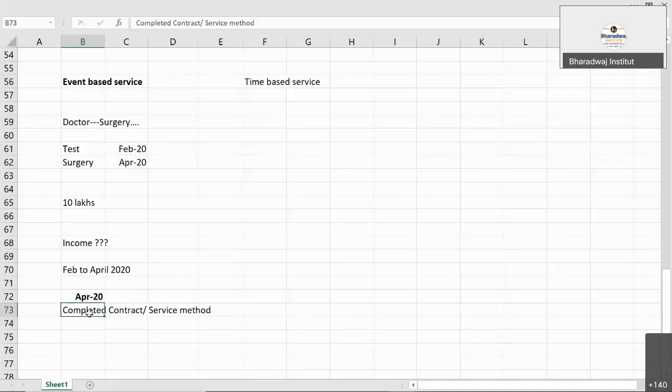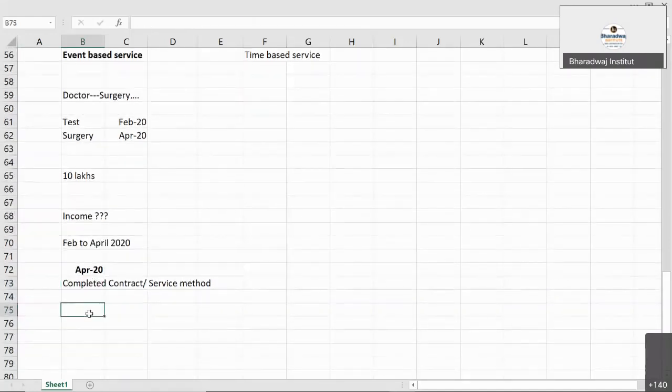For example, let us assume you are appointed as a practicing cost accountant, as statutory cost auditor, for the financial year 2019-20. You are doing your duty and giving the report in September 2020.